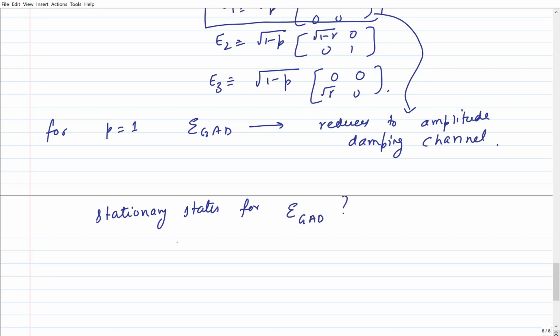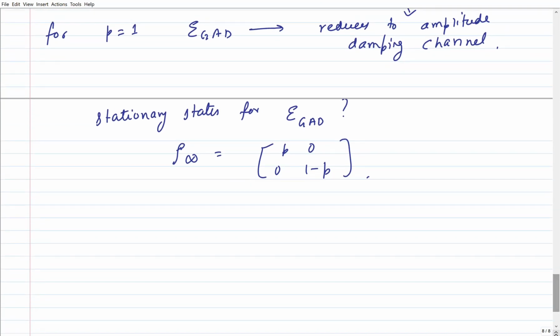And this is given by, I'll just write it down as, and this is certainly a process. So this is my equilibrium state at t equals infinity, and this is known as the T1 relaxation process.